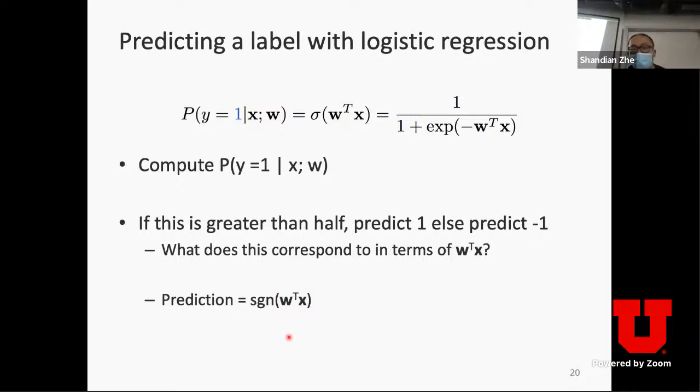Otherwise, we predict label minus 1. So what's the relationship between our previous prediction rule and our logistic regression prediction rule? Any thought?